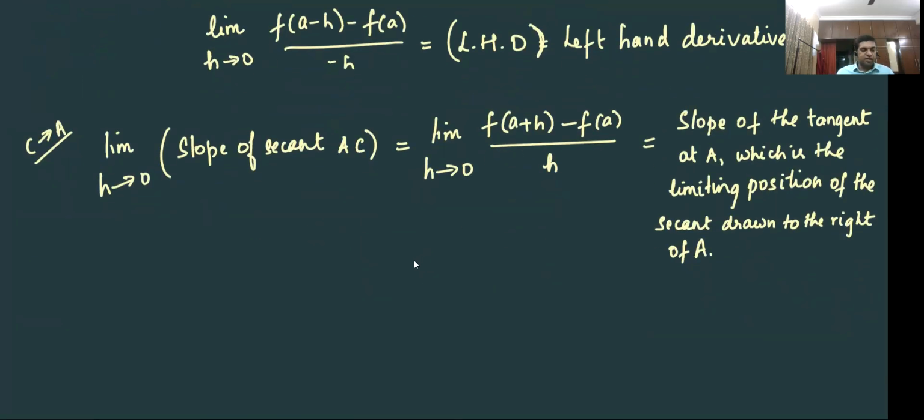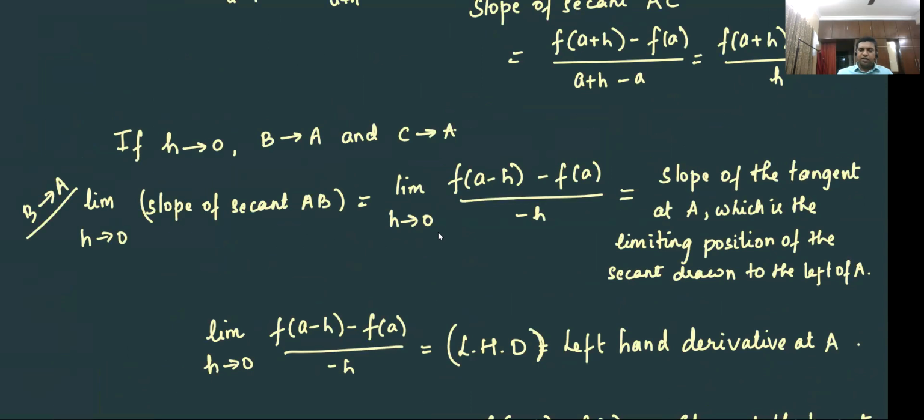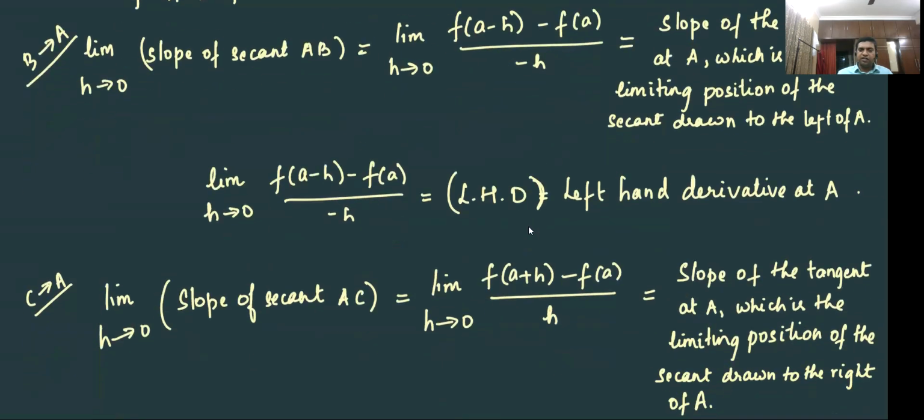Limiting position of the secant drawn to the right of a. All right, so this is left and this is right.